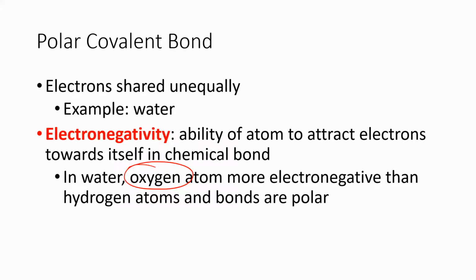Any that it's sharing with another atom, it is going to keep them around the oxygen more often than they are around the other atom. So because of that, and because electrons are negative, oxygen atoms in a lot of bonds will tend to pick up a slight negative charge. This is most common when you have oxygen bound to hydrogen. Oxygen is very electronegative.